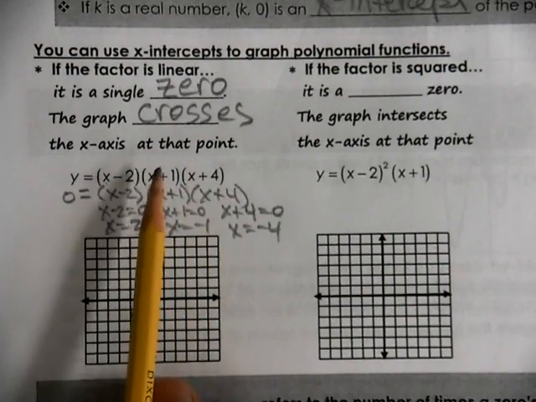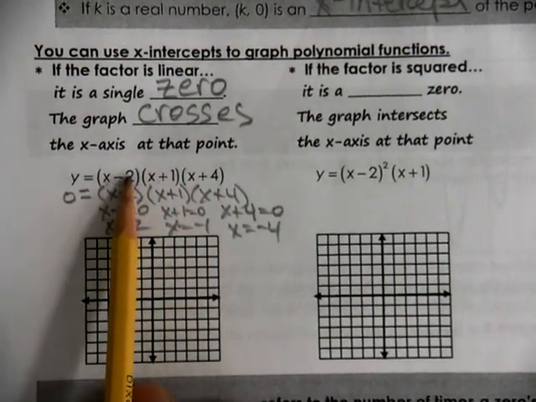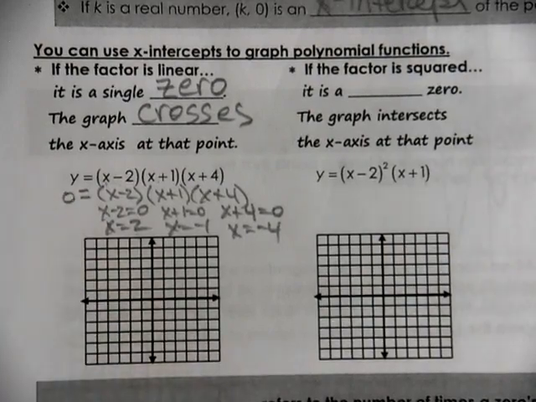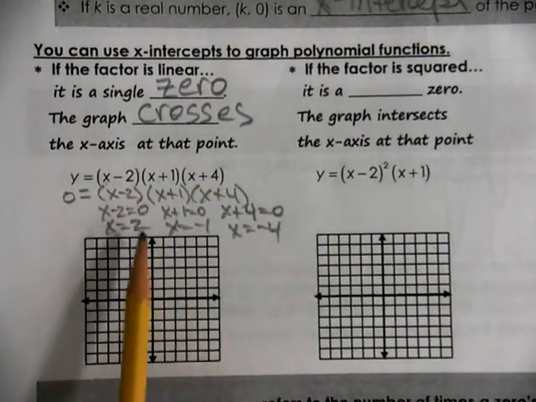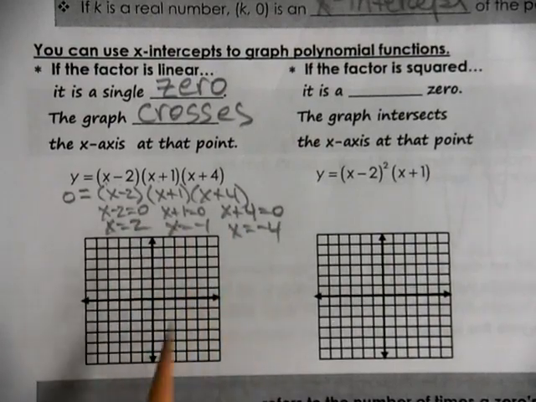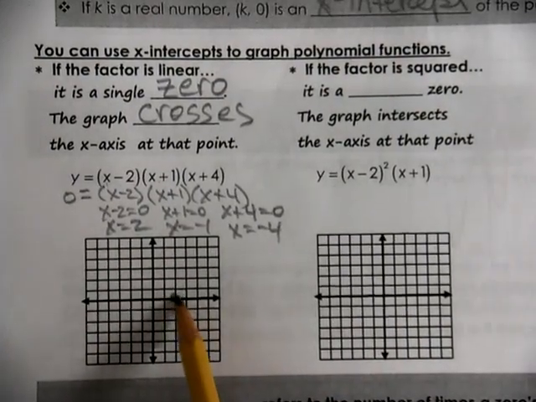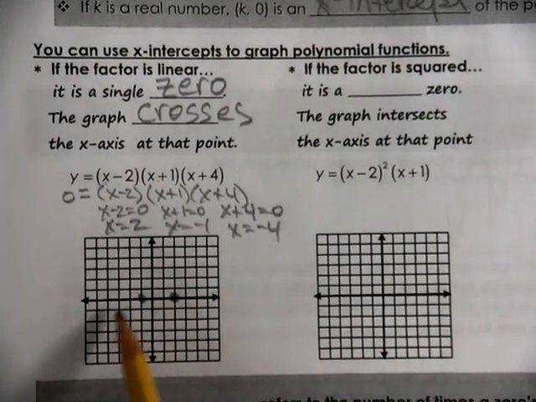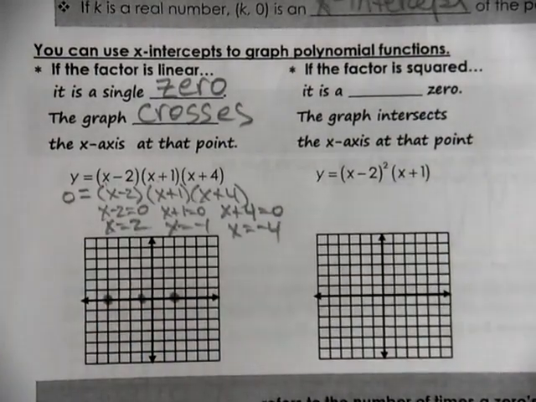So you get 6 times 3, that's 18. 18 times 0, that's why we're getting 0. It doesn't matter which one we plug in, it's going to make one of these zeros. So this is called the zero product property. And that's where the graph is going to cross the x-axis.